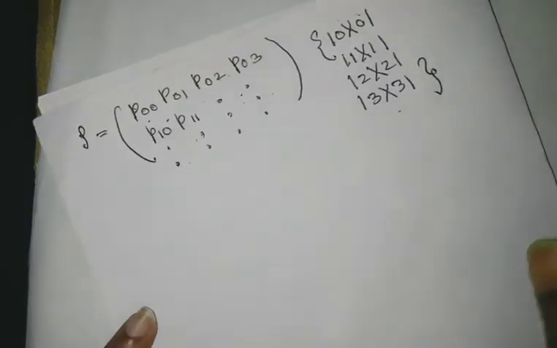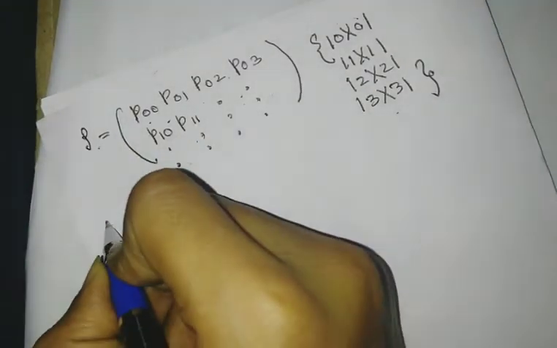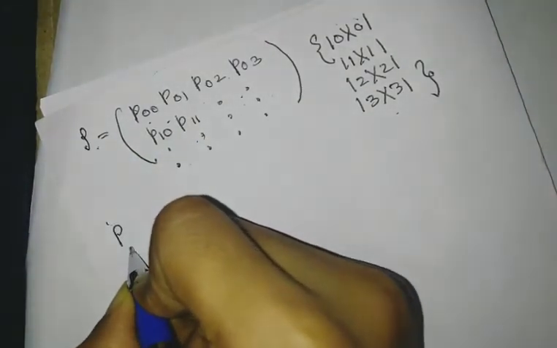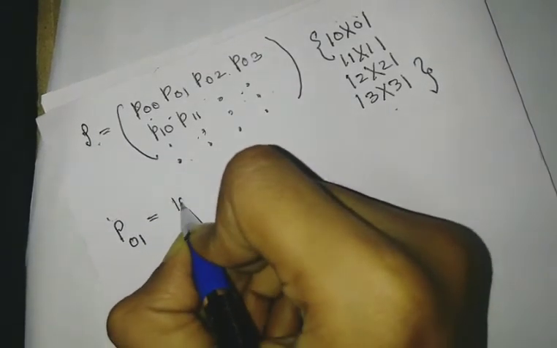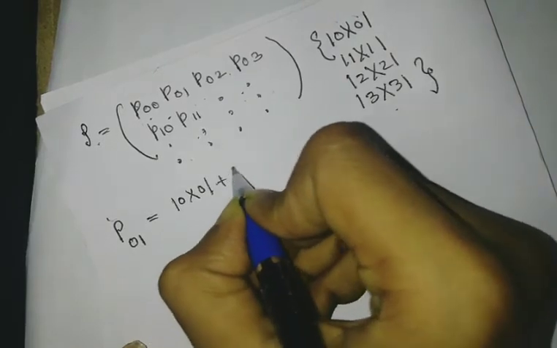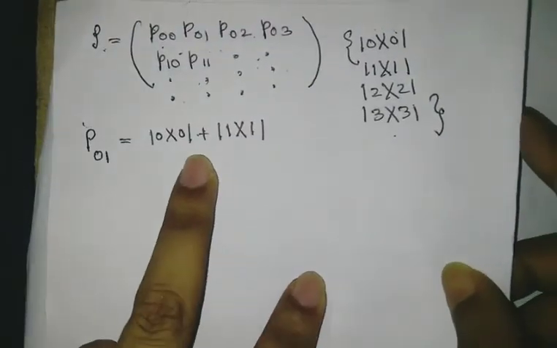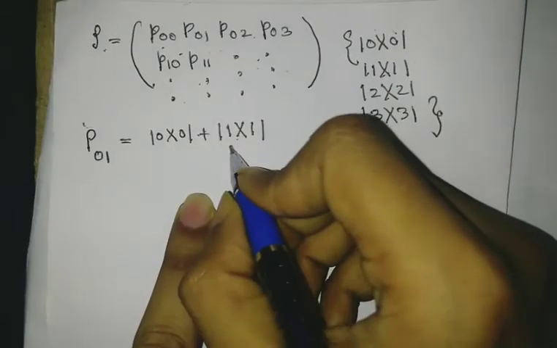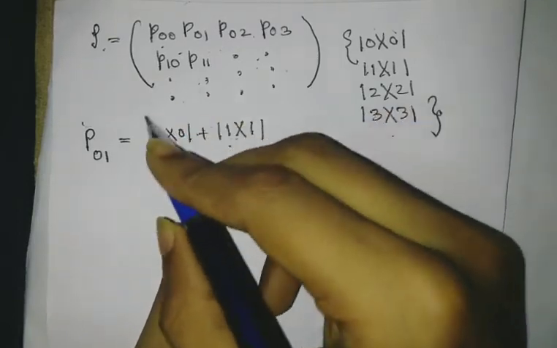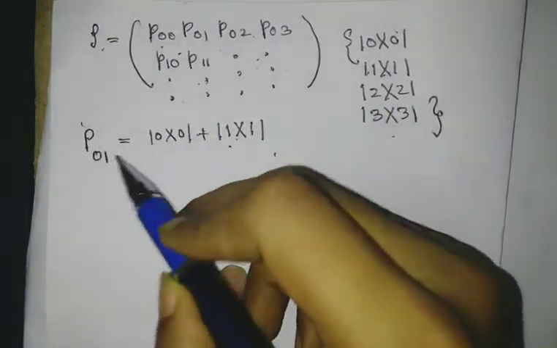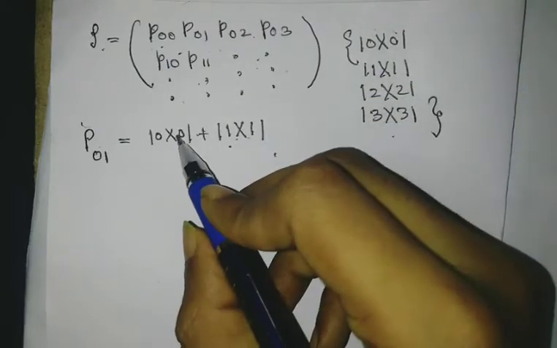But still we can apply projective measurements. Let's consider this P01, suppose. You can verify that this is a projector. It follows all the previous properties: the square of this is the same, and it is Hermitian, which we can already see.